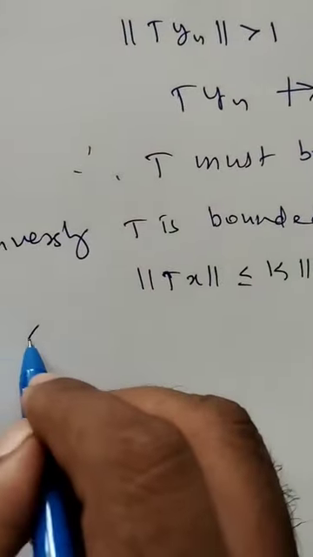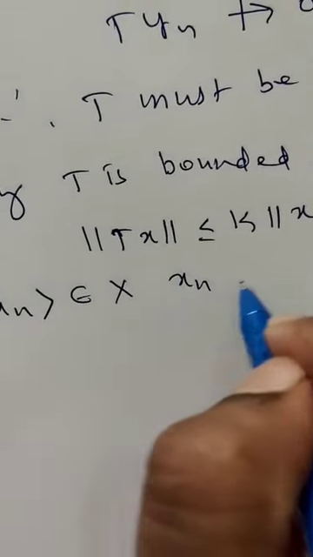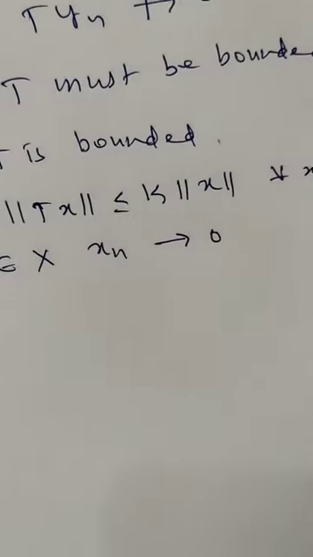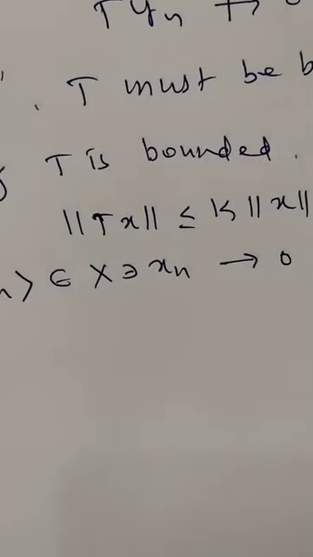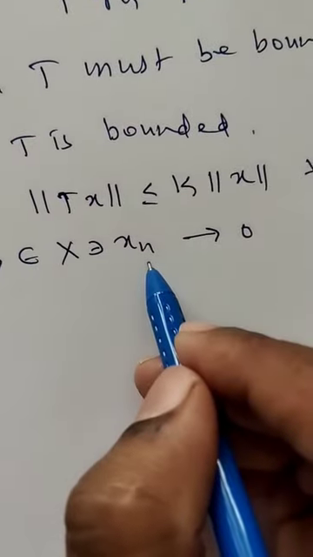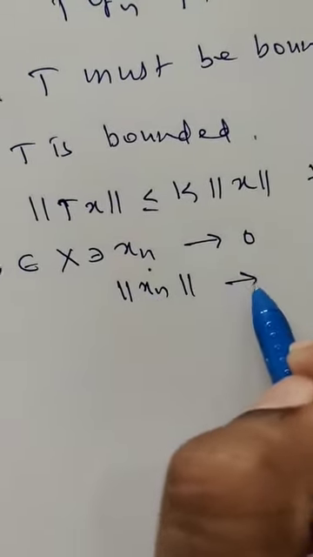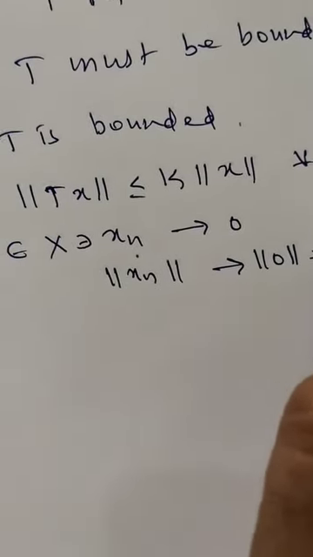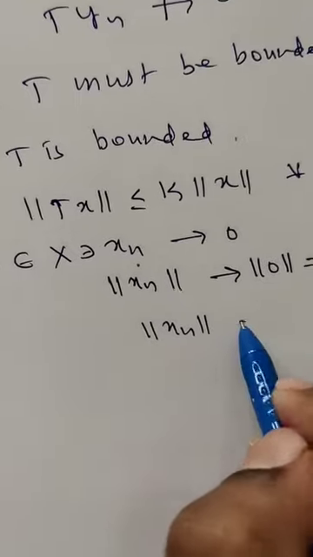Let xn be any sequence in X such that xn converges to 0. What to show? T of xn converges to 0. Now as the norm is a continuous function, xn converges to 0 implies the norm of xn converges to the norm of 0, which is 0 itself.